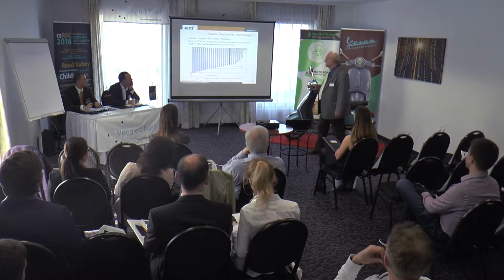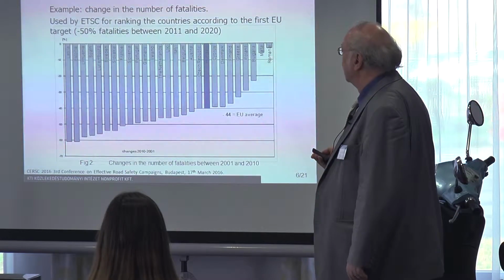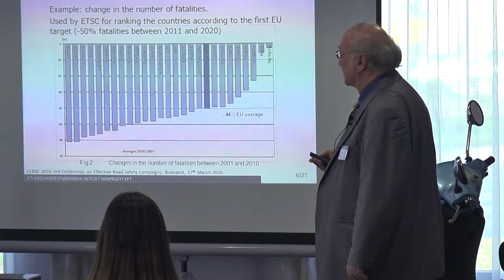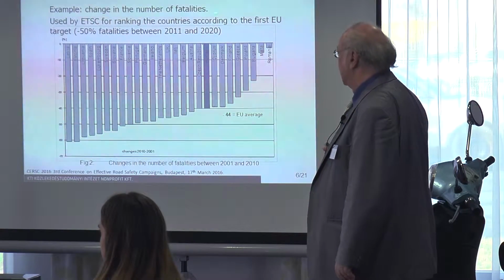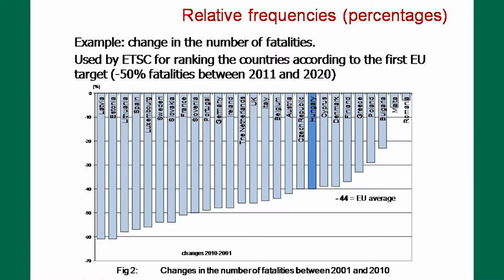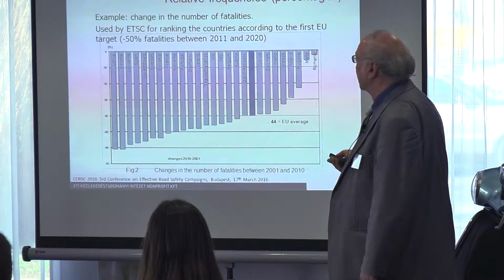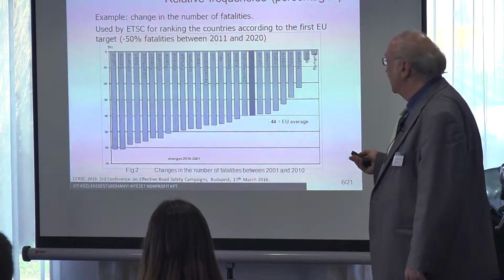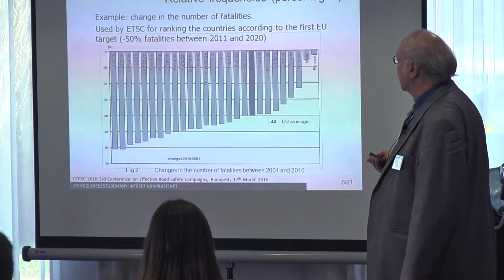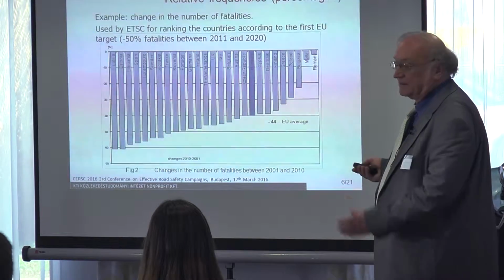So it's another example for relative frequencies or percentages. This is the change in the number of fatalities, and unfortunately we can't read it very well, but they are the EU member countries, and this indicator is used by the ETSC, European Transport Safety Council, for ranking the countries according to the first EU target.